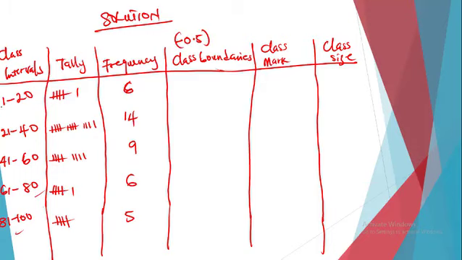Okay, do the same thing in the second one. What do we have? We have 21 minus 0.5 minus 40 minus 0.5, and that will give us 20.5 minus 40.5. Is that correct? So we have 20.5 minus 40.5.